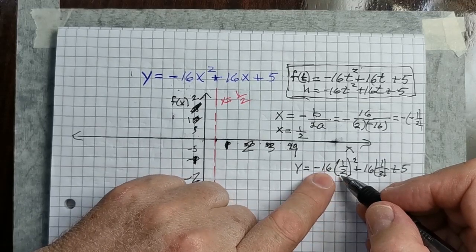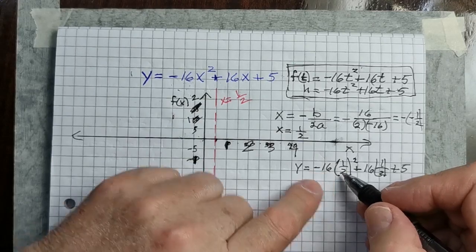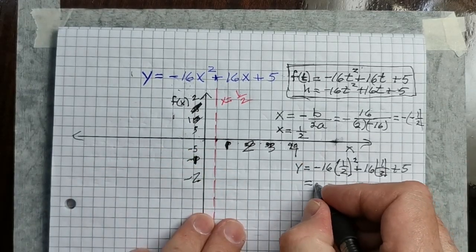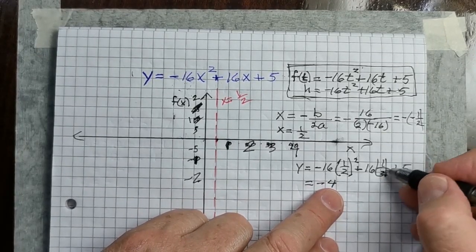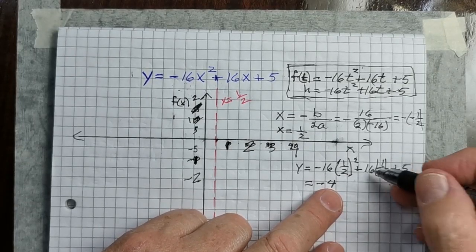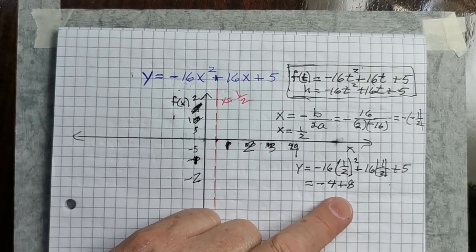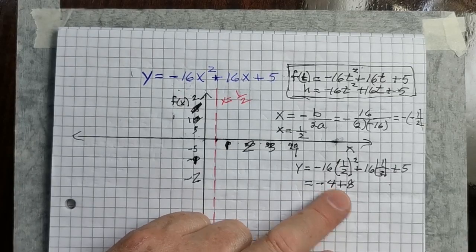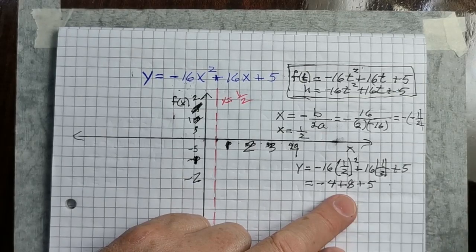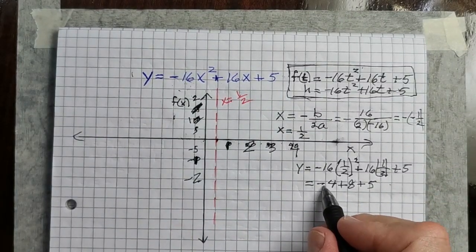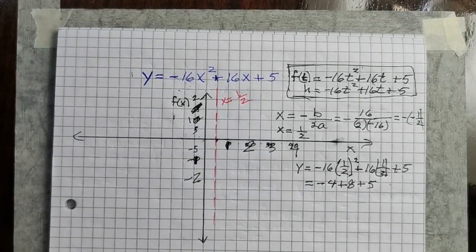And 1/4 times 16 is equal to 4, but because of a minus sign, it's minus 4. And we add to that, what's half of 16? Half of 16 is 8, isn't it? Plus 8. Negative 4 plus 8, and then we have to add another 5. Negative 4 plus 8 is 4, plus 5 should give us a value of 9.